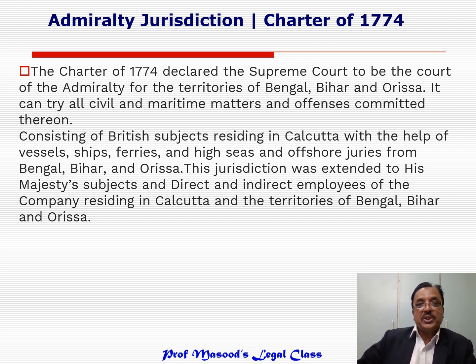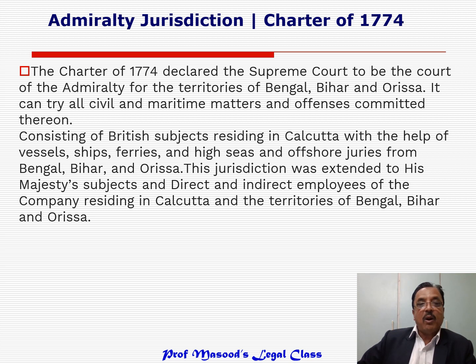Admiralty jurisdiction, Charter of 1774. The Charter of 1774 declared the Supreme Court to be the court of Admiralty for the territories of Bengal, Bihar, and Orissa.